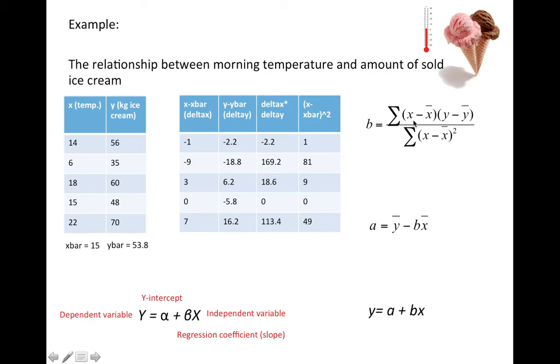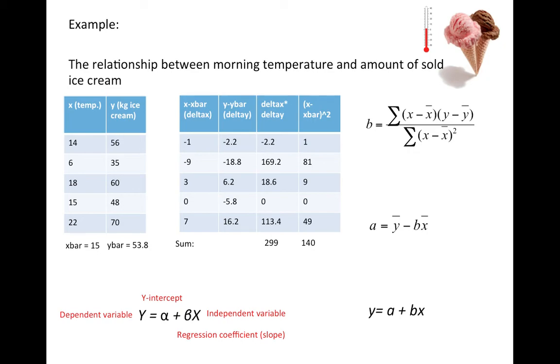In the numerator of the equation, we have the sum of the multiplied differences, that is the sum of these values. That is 299. And in the denominator, we have the sum of the squared delta x values, these values. That is 140.